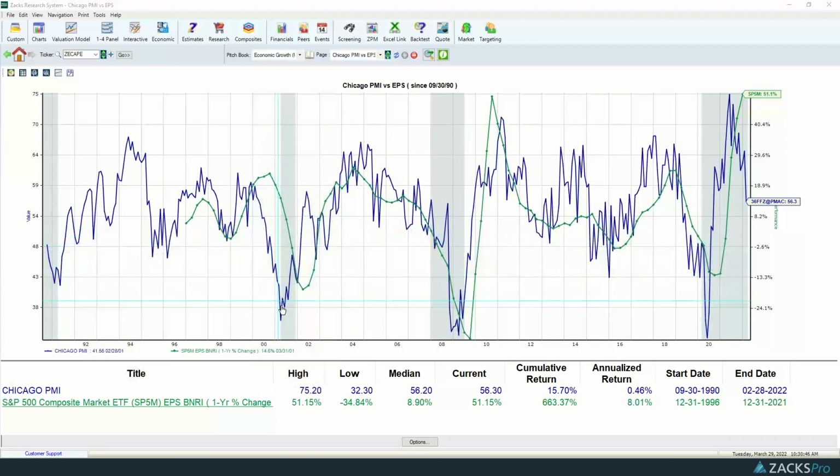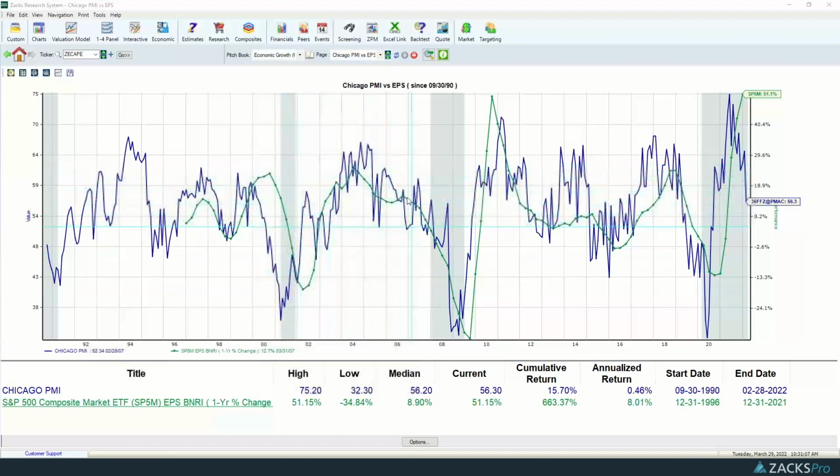So you can see over here in the blue line, this is the Chicago PMI. This is a reading of the pulse, essentially, of the Rust Belt of the United States. So, the entire Midwestern region where many manufacturing facilities are located. This is a reading of how they are doing.